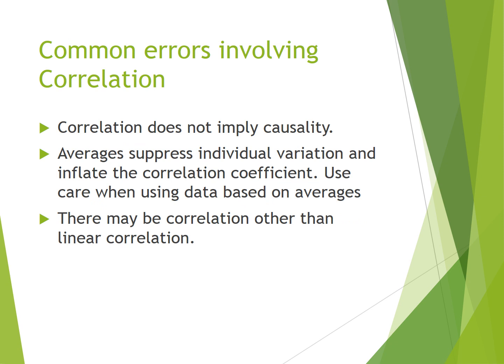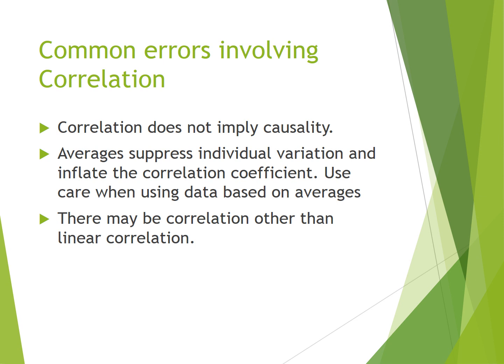Involving correlation, a lot of people say a strong correlation means causality. No, it does not at all. And if your data was averages, like you're taking a bunch of data that is averaged and looking at these averages instead of the actual individual values, it often inflates the correlation coefficient.